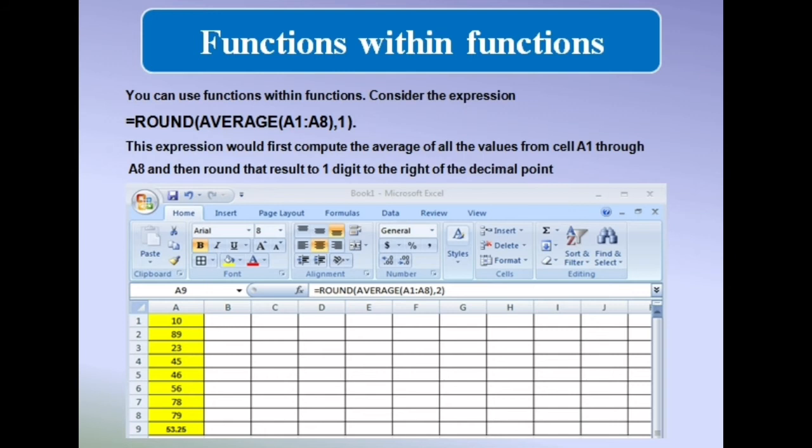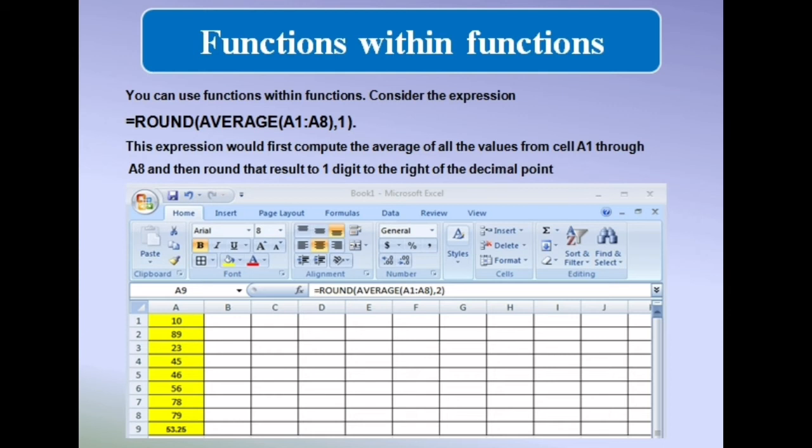Function within function. You can use a function within a function, like here, given equals ROUND in bracket AVERAGE and then range A1 to A8, and here 1 is your digit to the right of the decimal point.